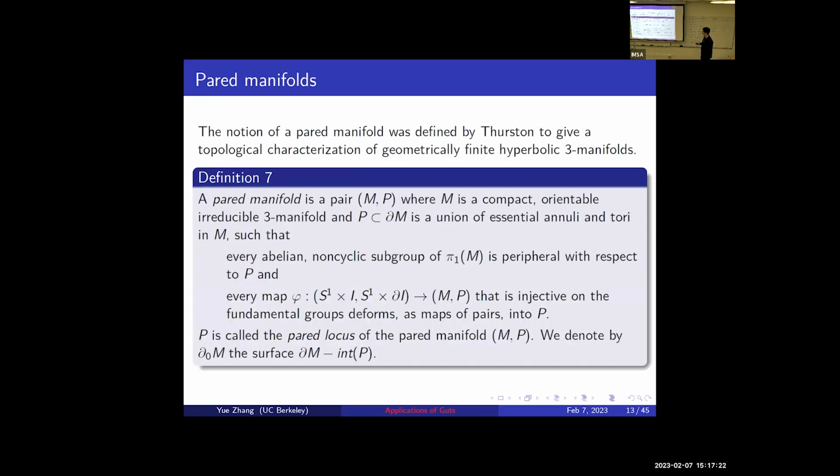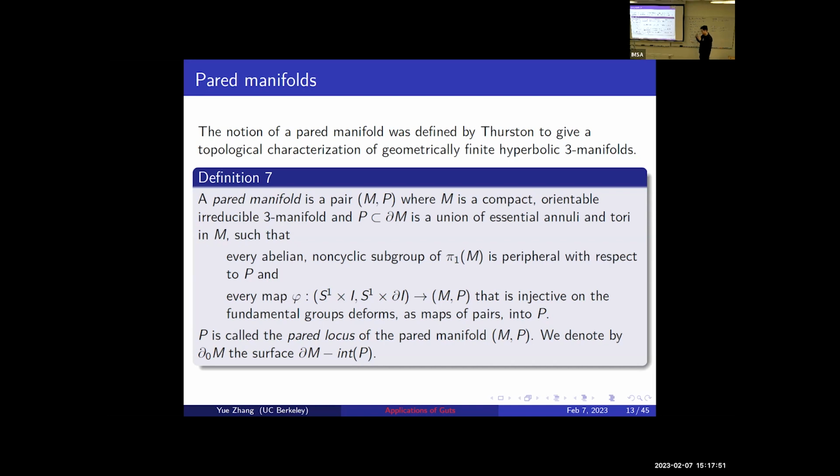And before proving the theorem, we need to introduce some definitions about pared manifolds and pared guts. And you can see how pared guts and suture guts interplay with each other. So the notion of a pared manifold was defined by Thurston. It's similar to a sutured manifold, but it just doesn't have R plus and R minus.